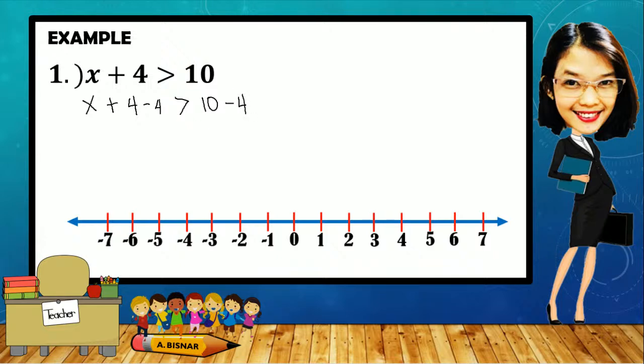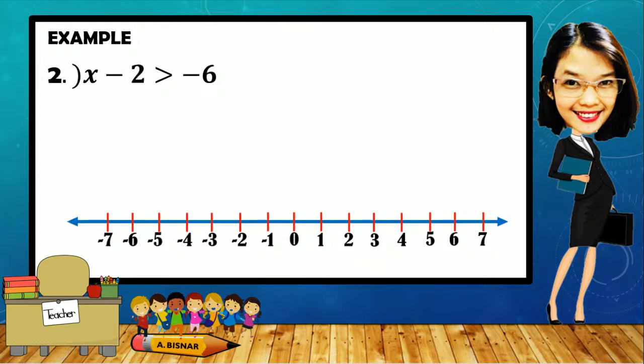So, this will be 0. What's left on the left side, ano yung natira sa kaliwa, ay x na lang. Greater than. 10 minus 4, the answer is 6. So, this is now the answer. X is greater than 6. So, hanapin natin yung 6. Since that is just greater than, we will use circle with no shade. At since that is greater than, papunta siya sa kanan.